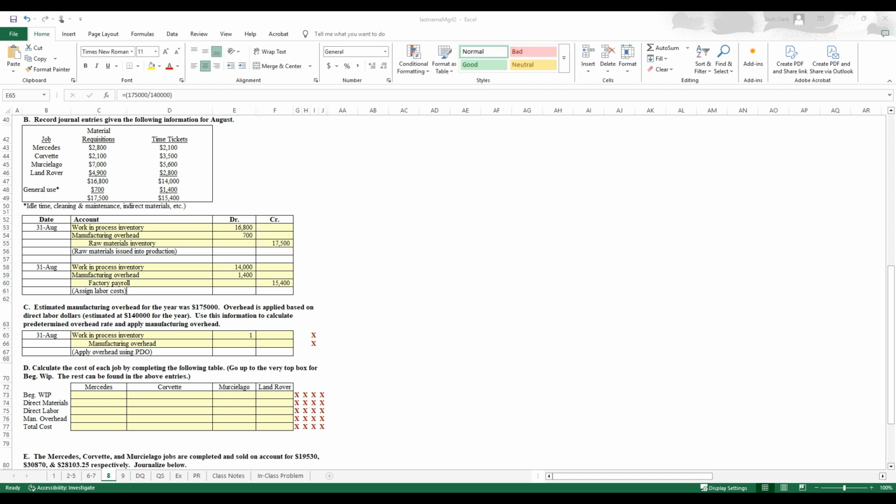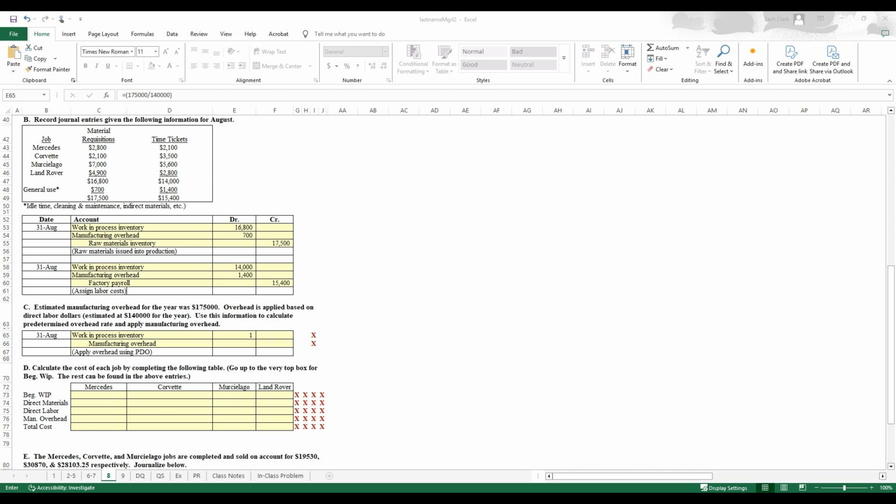I just wanted to be able to say, okay, so if we're using this process for the predetermined overhead rate, then again, we're taking 175,000 because when we're doing our budgeting, we think there's going to be a total of 175,000. So you can see the formula here at least. And we want to use as a base direct labor hours, and we think that's 140,000.